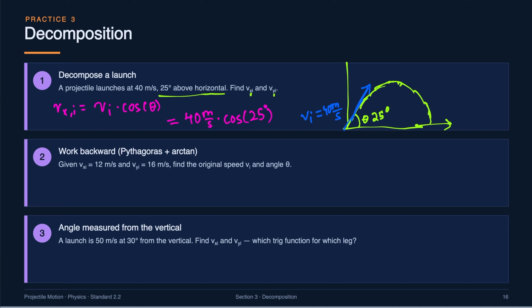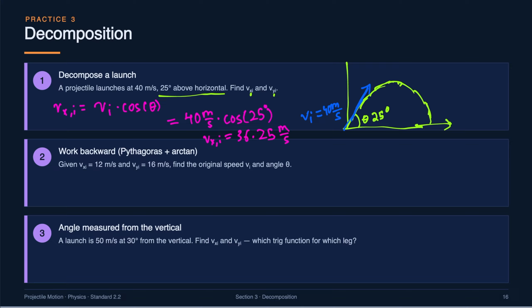Always remember the degrees. That's one of the ways you can get tricked here. So you do that, what do you get? 36.25 meters per second is velocity x initial.